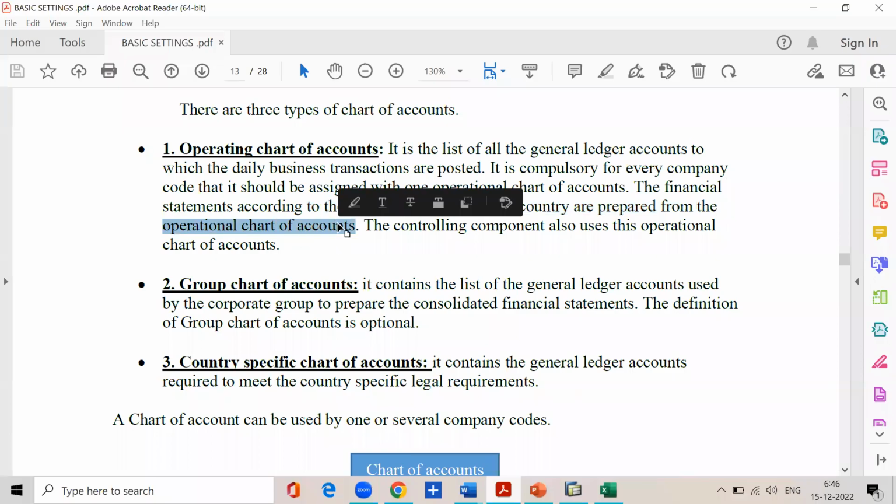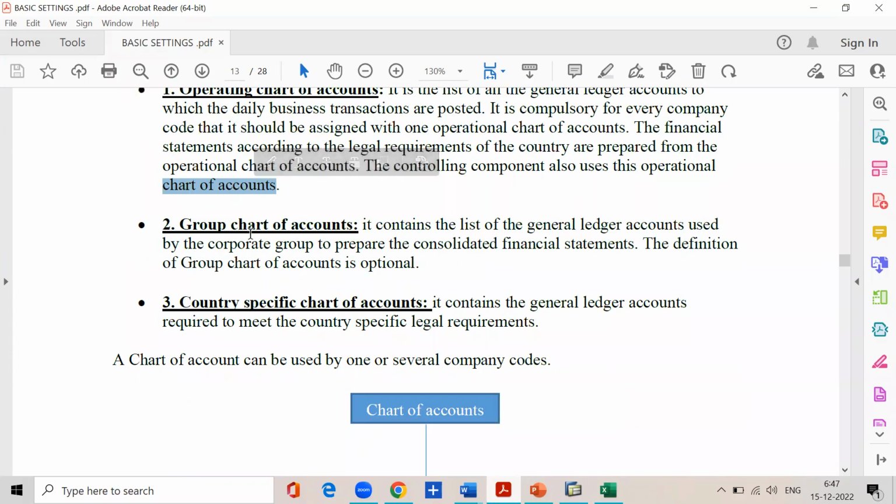Our company code is registered under the Indian Companies Act 2013, so we have to prepare the financial statements according to the legal provisions of this Act. According to that compliance, we maintain the ledger accounts and prepare the legal financial statements from the operational chart of accounts only. And the controlling component, the CO module, also uses only the operational chart of accounts.